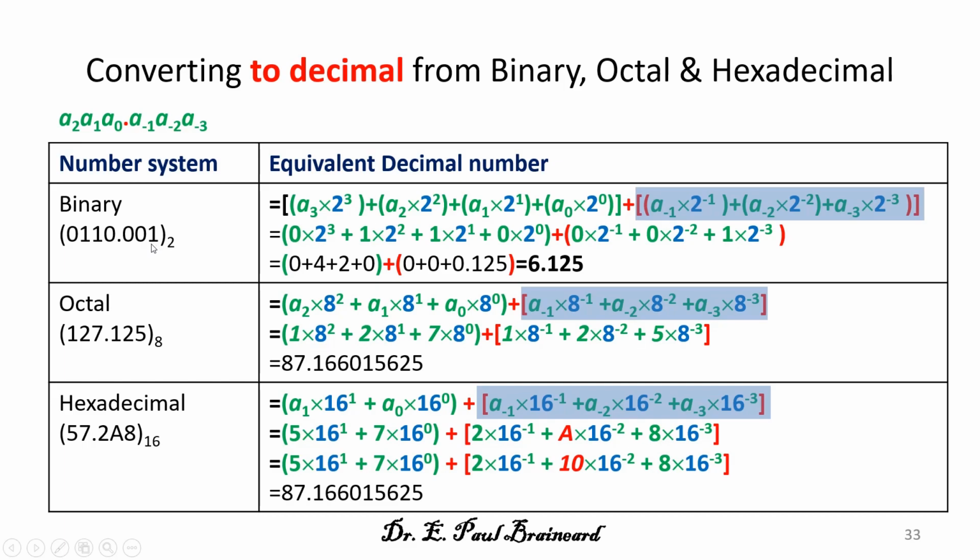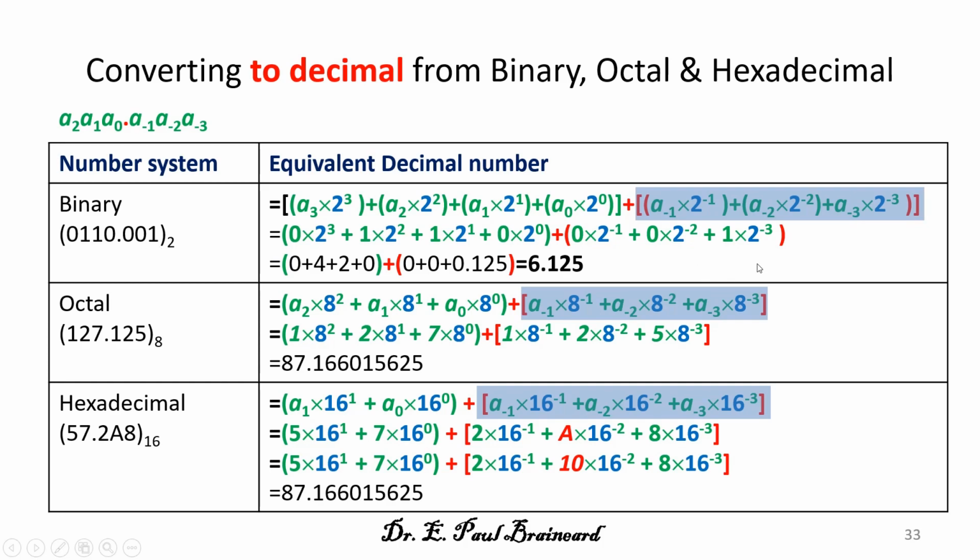Now the decimal equivalent is obtained by multiplying its own weighted sum and adding the weighted values. So A3, 0 into 2 to the power of 3 plus 1 into 2 to the power of 2 plus 1 into 2 to the power of 1 plus 0 into 2 to the power of 0 plus, for the fractional part, 0 into 2 to the power of minus 1, 0 into 2 to the power of minus 2 plus 1 into 2 to the power of minus 3.